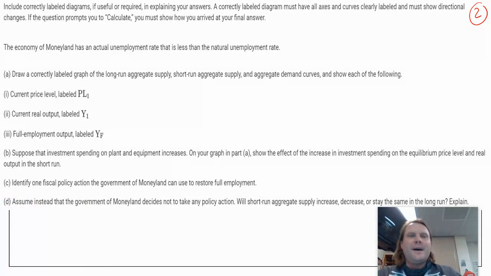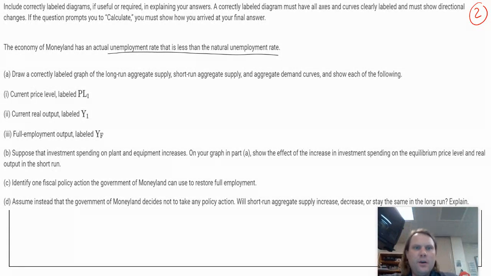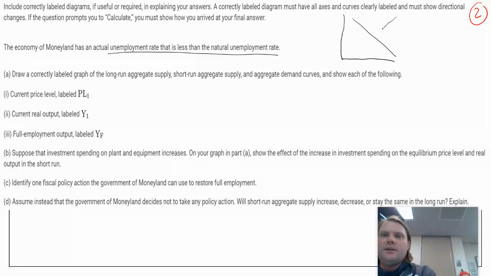So we've got an unemployment rate that is less than the natural unemployment rate. All right, so things are going well for us. In this case, we're going to draw basically an inflationary gap. Make sure we're labeling all our stuff.